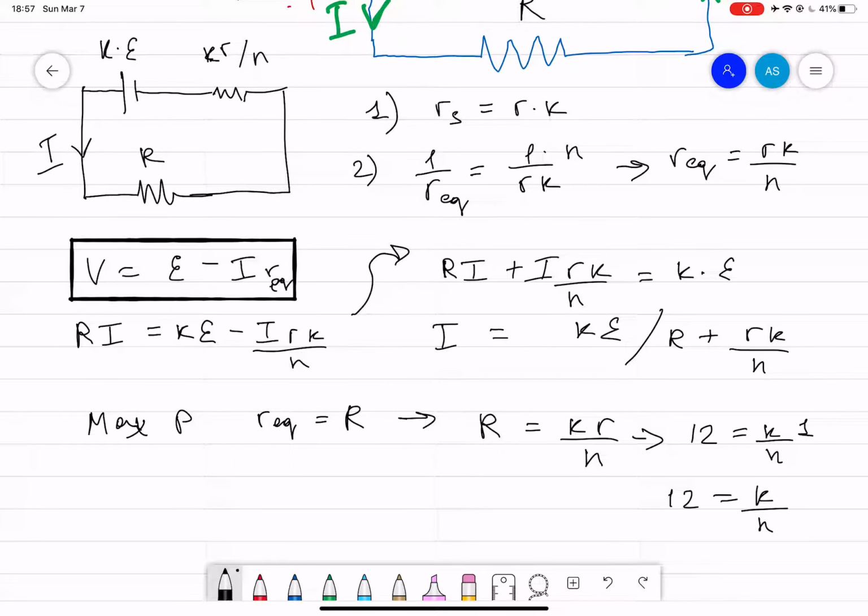Now let me highlight this part. What is next?